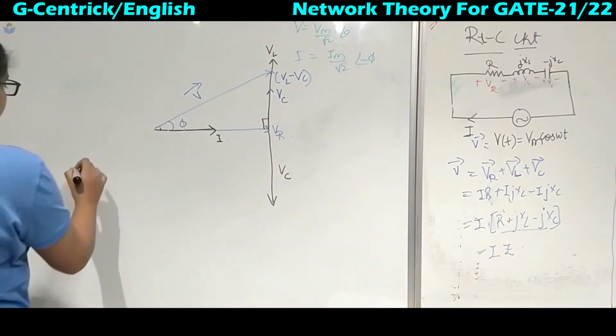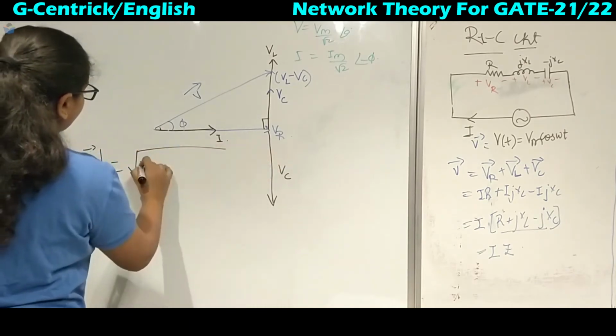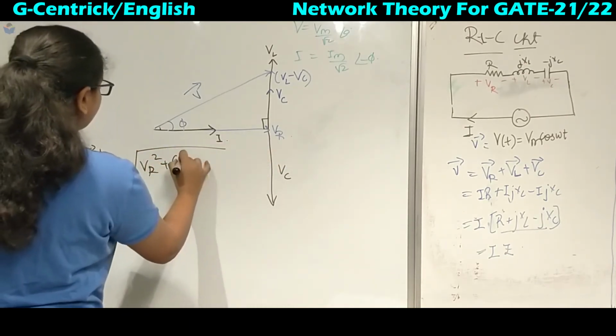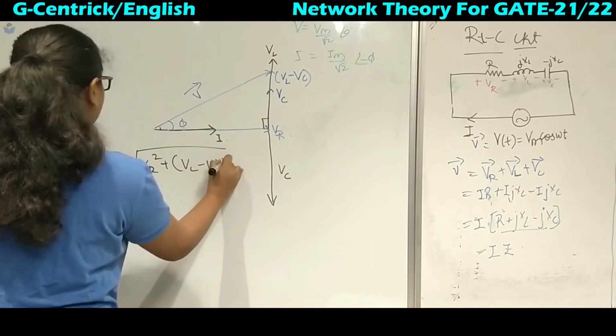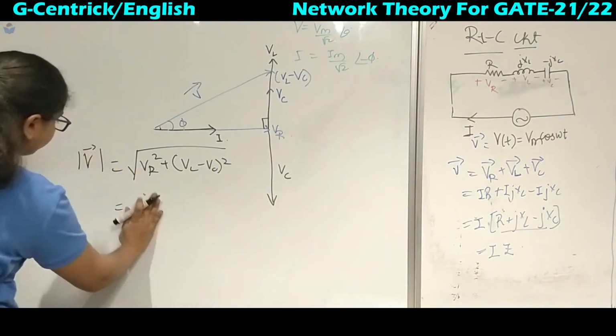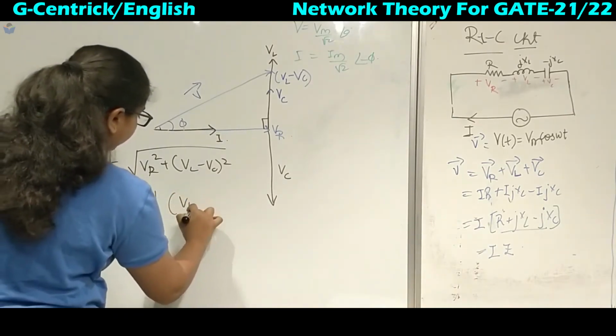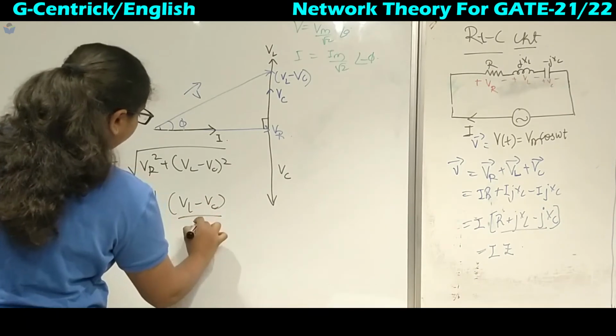Its magnitude will be the root of VR square plus (VL minus VC) square. Next, the angle phi will be tan inverse of (VL minus VC) divided by VR.